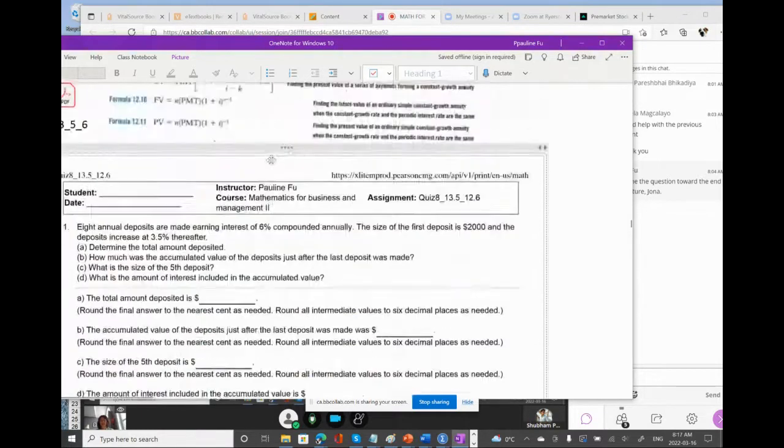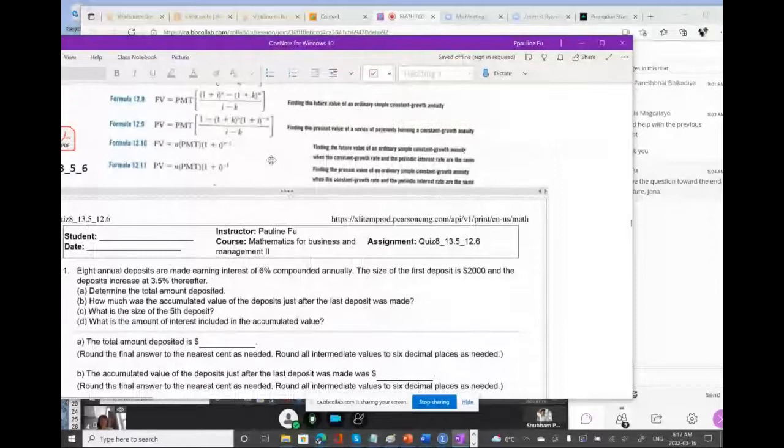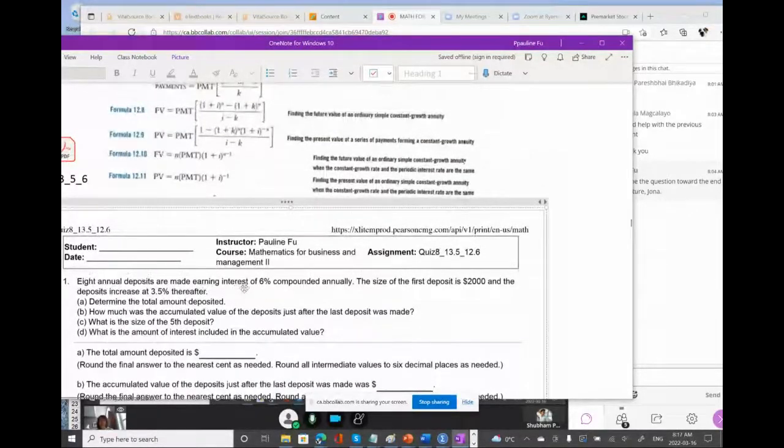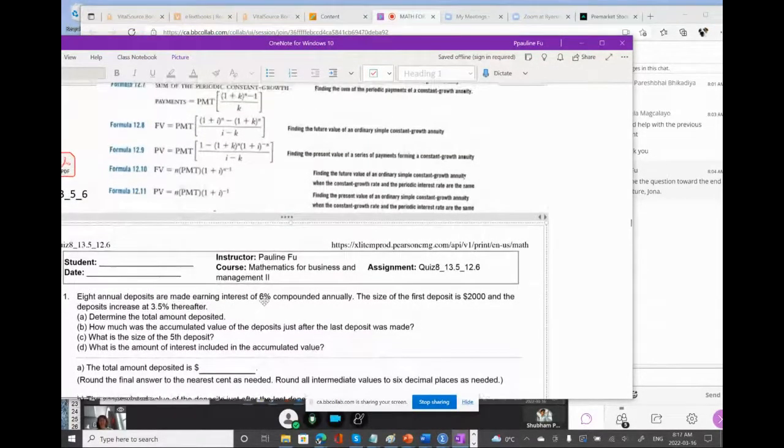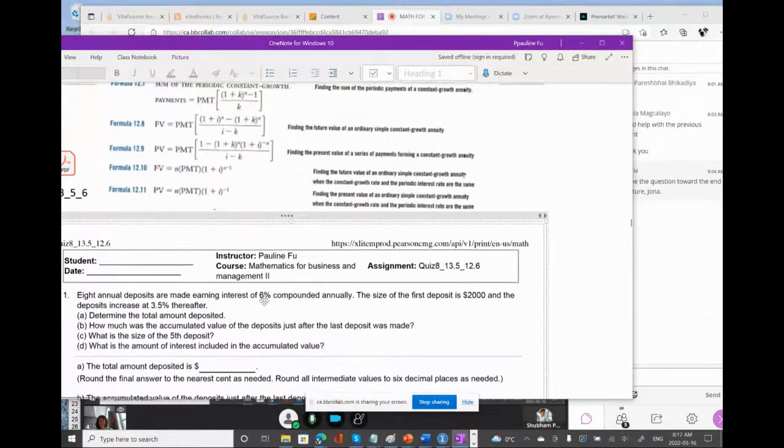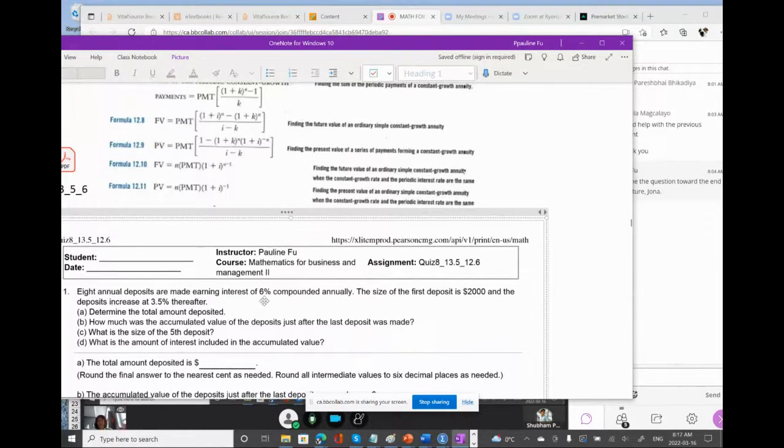Okay, so for this one, let's analyze what is given here. There are 8 payments, so n equals 8.